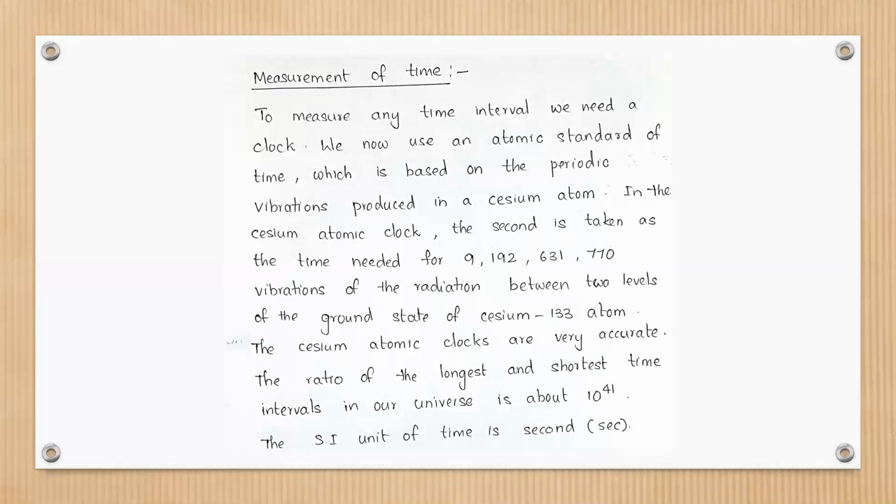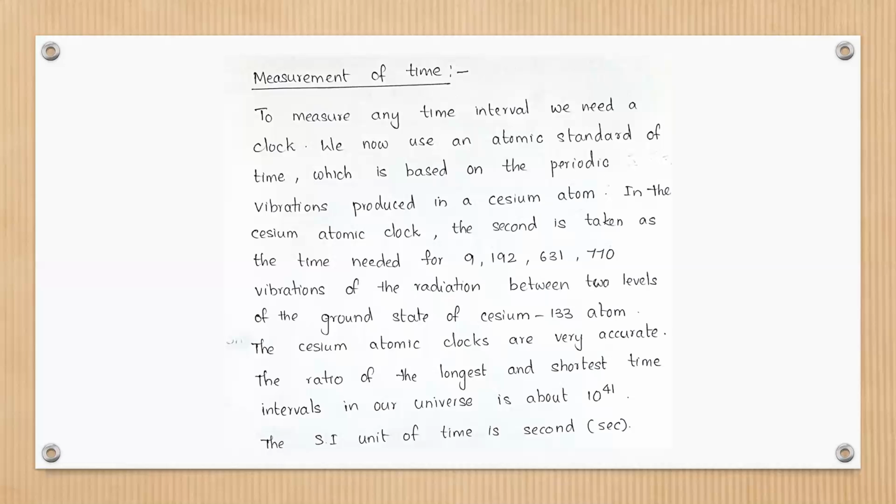Now, what is this standard? We now use an atomic standard of time which is based on the periodic vibrations produced in a cesium atom. In that atom, different levels are there. In chemistry, you study about different states of an atom, including the ground state, and in the ground state, different levels are there again.